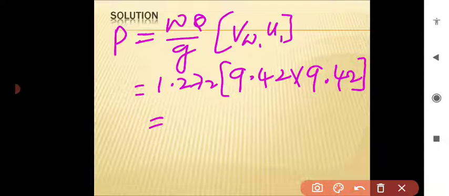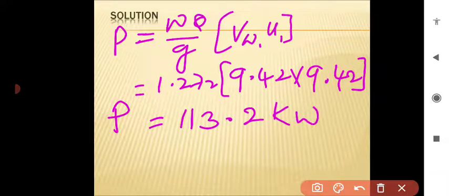If you calculate it, you will get the power value. So the power value is equal to 113.2 kilowatt.